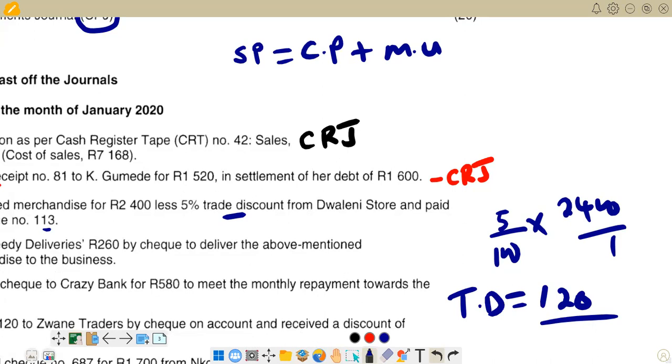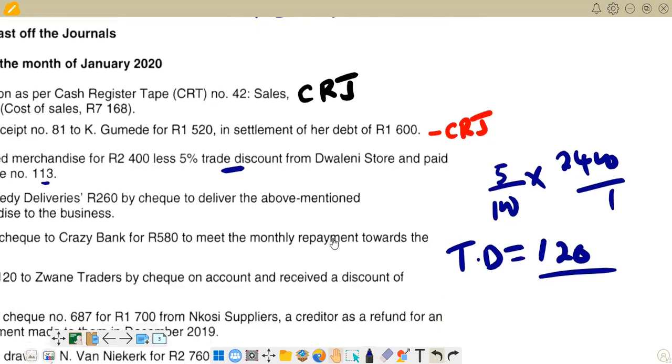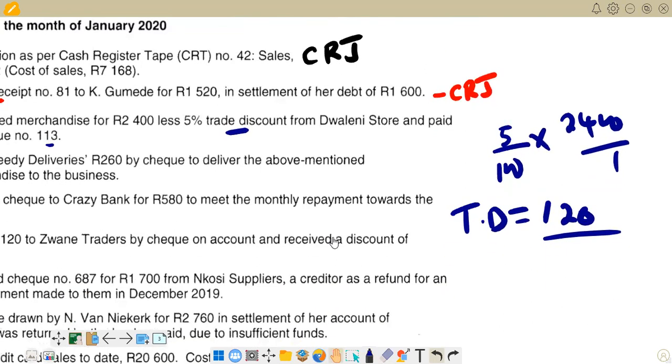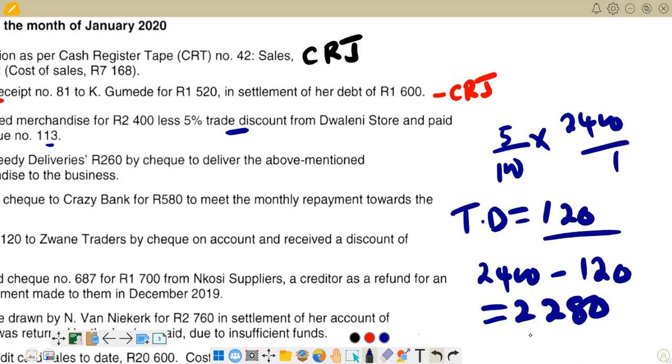Now the amount after removing trade discount: 2,400, then you subtract the amount for trade discount, which is 120. Let's calculate that one. 2,400 minus 120, you're going to get 2,280. So this is the amount after trade discount.